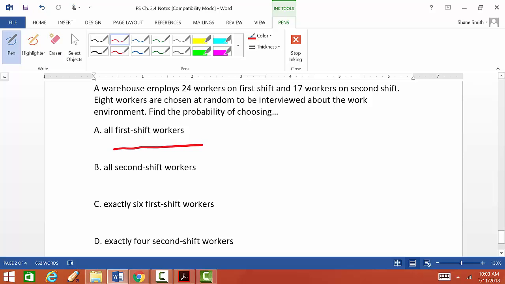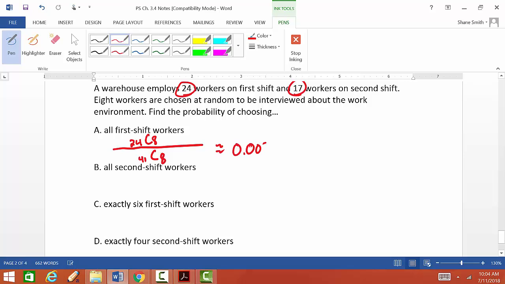So the denominator is the total number of workers, which is 41, because there's 24 workers on the first shift and 17 on the second shift. You're choosing 8. Now, if I'm choosing all first shift workers, that means of the 24, I'm choosing 8. And that's it.